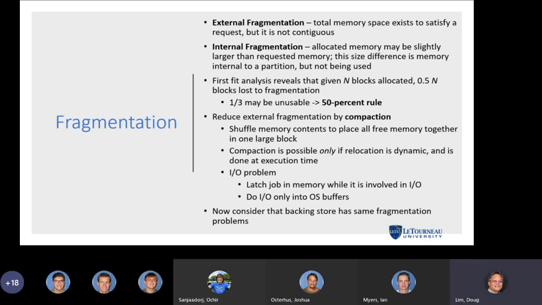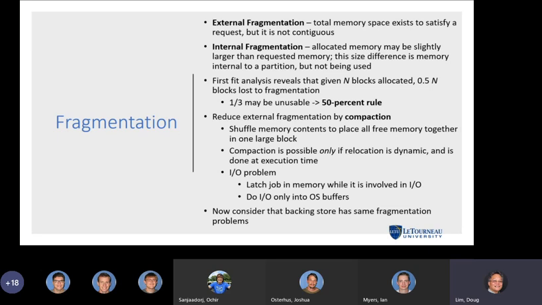So first fit analysis reveals that given n blocks allocated, half of the blocks are lost to fragmentation, which is basically a third being unusable.